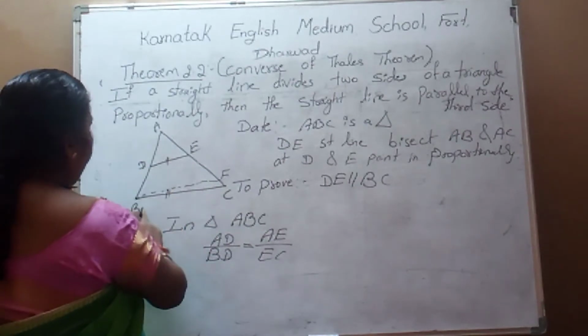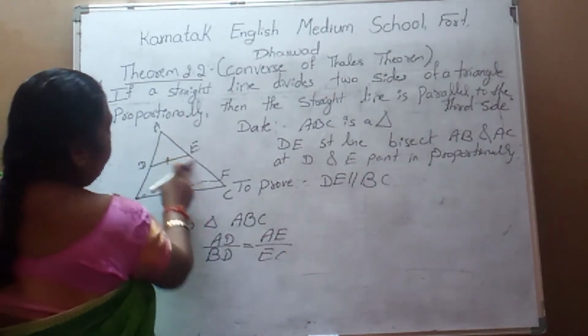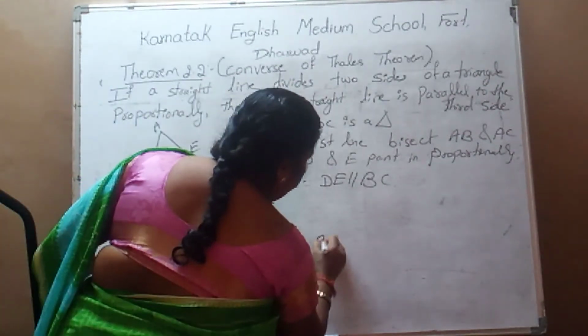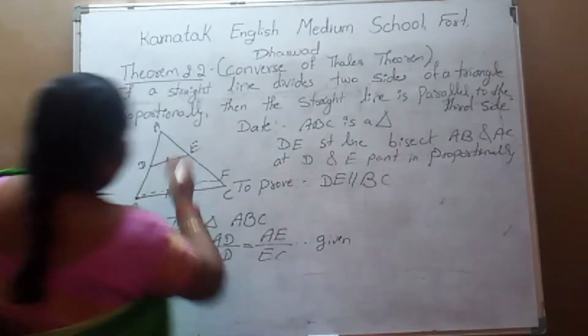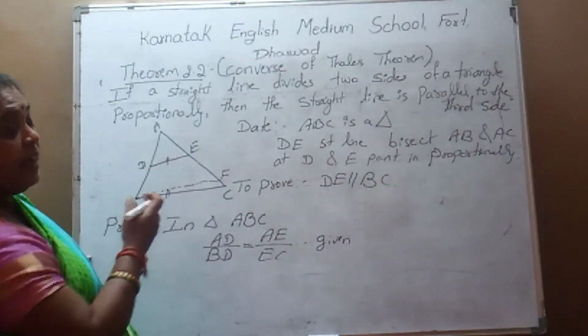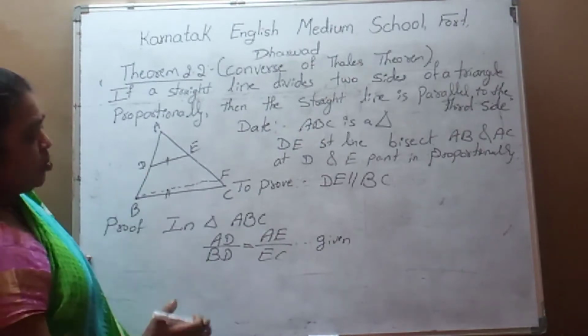AD divided by DB, AE divided by EC. They are given. It means they intersect proportionally. They divide the sides in proportion.